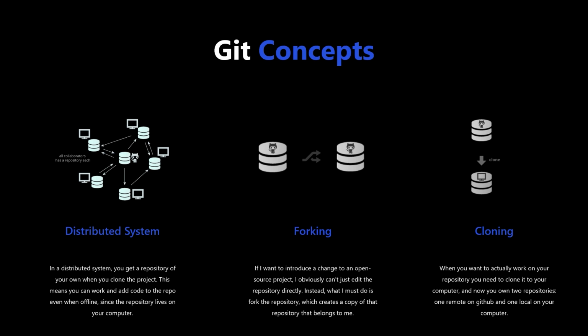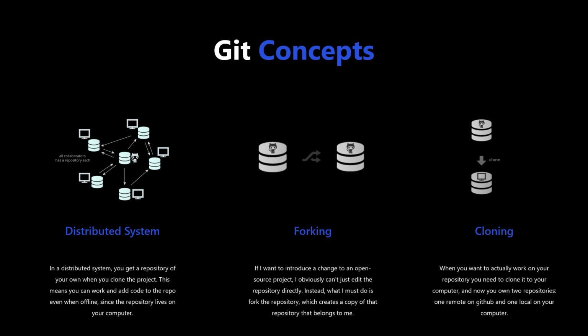So forking stays on GitHub. Cloning, we can take it off GitHub and put it on our local system. That's the key difference when I think about forking versus cloning. Very similar, but it's about where it's going. With forking, it's still on that central location, where with cloning, we can take it off our GitHub repository and make a local copy of our code on our own local system.